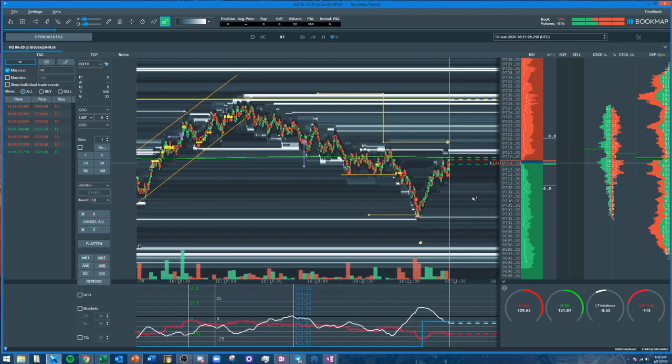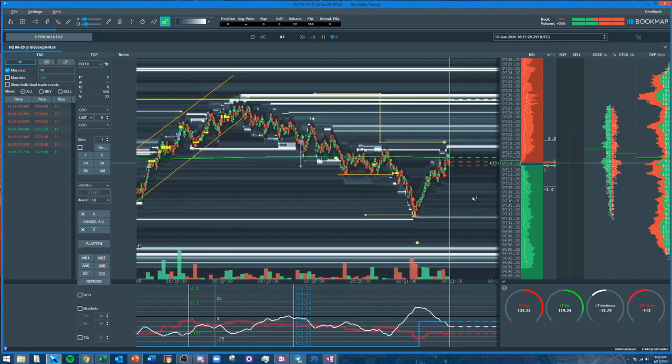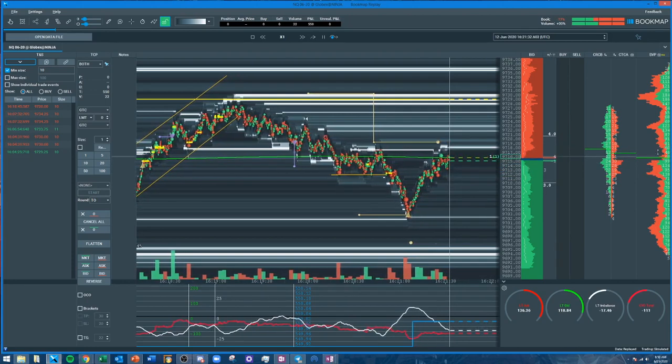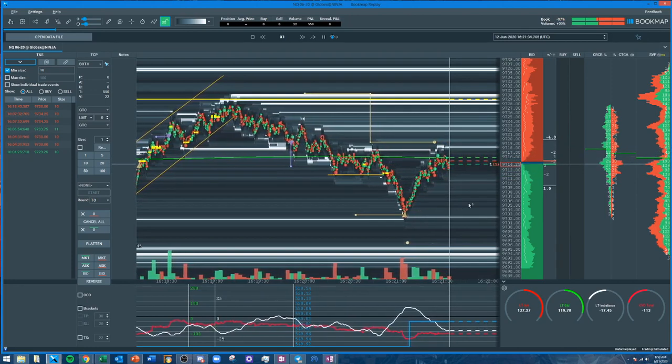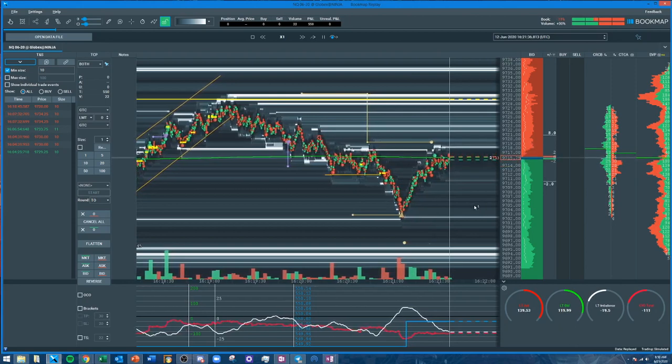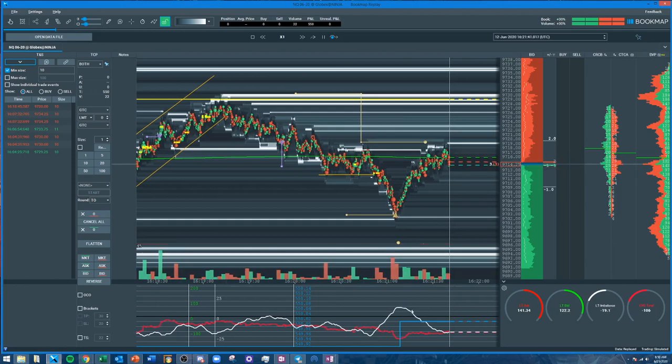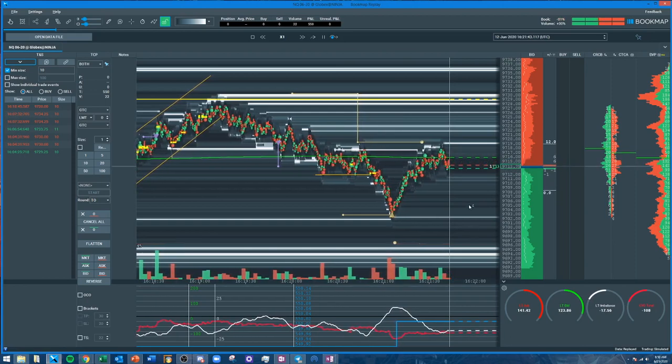Take that order out. And I get this low volume node is providing resistance here. Okay. You can see our imbalance indicators favoring the short side now.